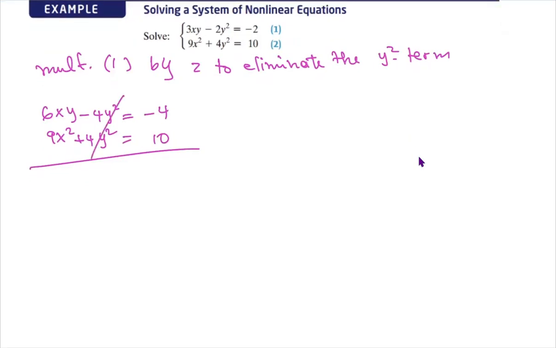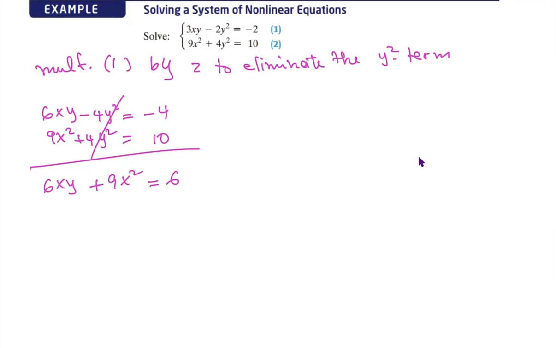Then you have 6xy plus 9x squared equals 6, right?